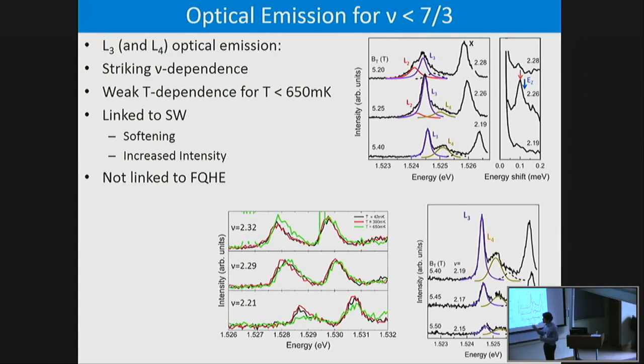Because we're looking near resonance, where only one spin orientation of the hole has been excited, the fact that we see, for example, the L3 peak, which we're fairly sure comes from a spin polarized phase, means it's visible when we're only exciting one spin polarization of holes.